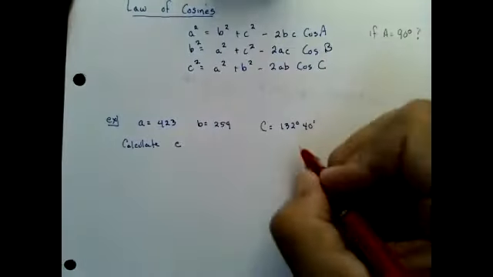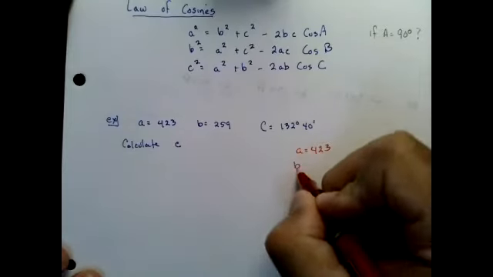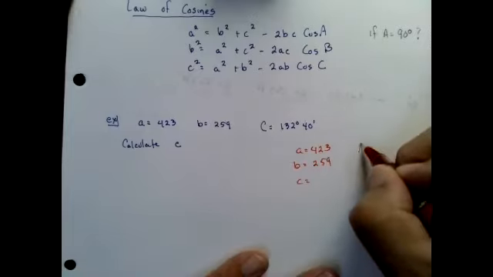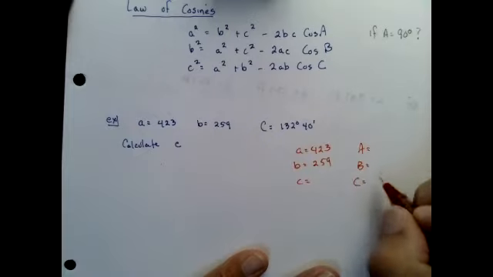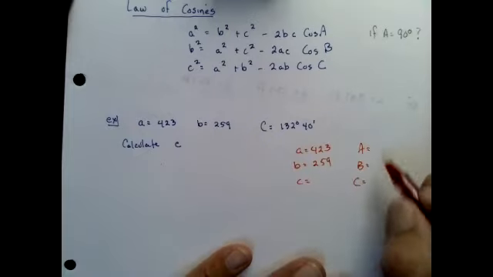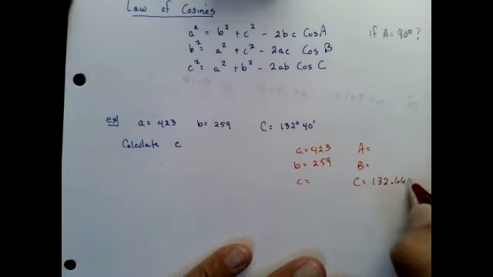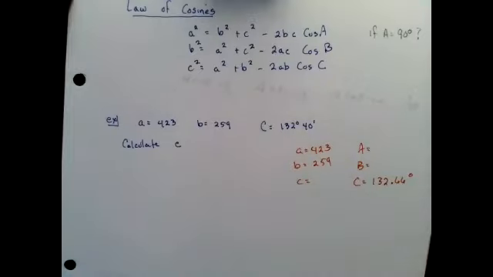A is 423. B is 259. Little c, big A, I don't know. Big B, I don't know. Big C is 132.66 degrees. Okay, 40 over 60 is 2/3, so 0.66.